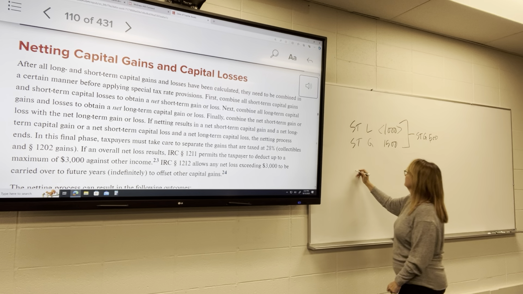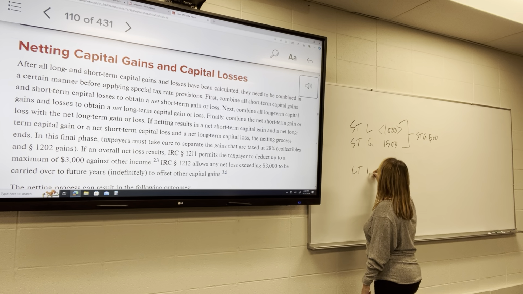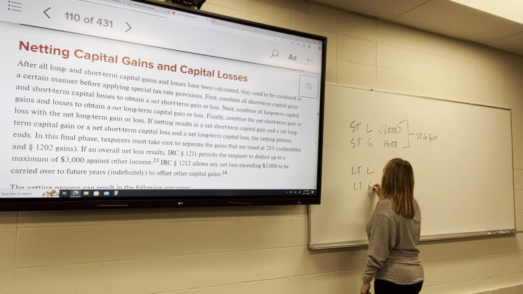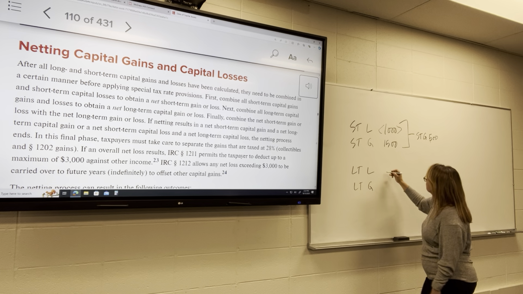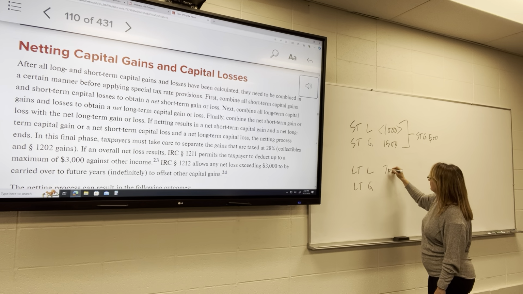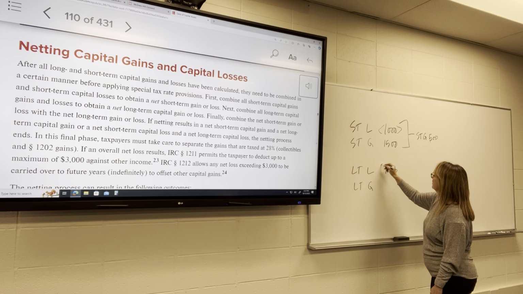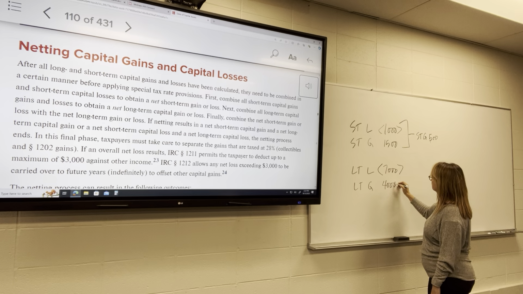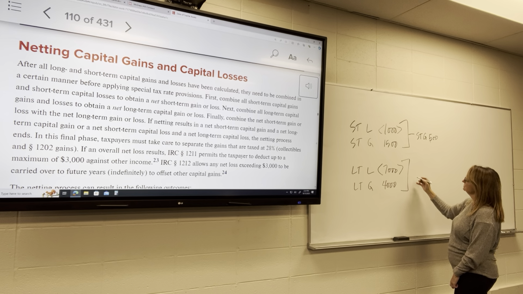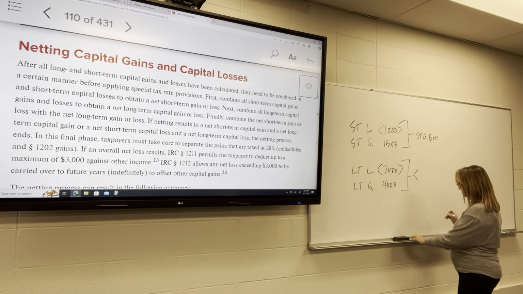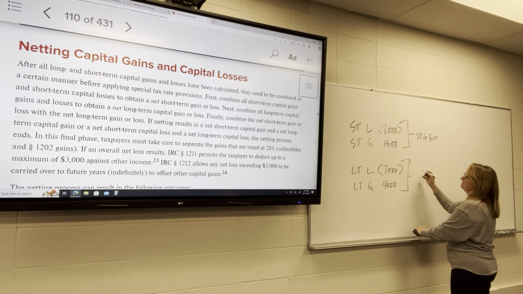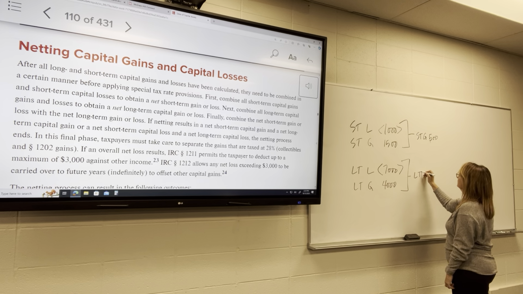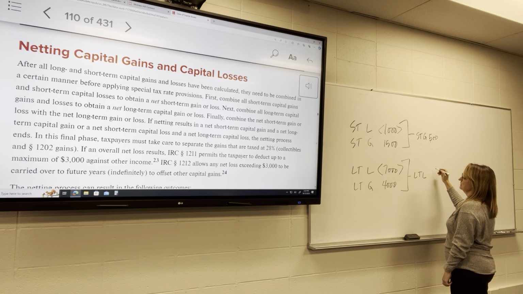And then we've got long-term losses, long-term gains. Let's just say we had 7,000 of losses and 4,000 of gains. So we're going to combine those two to get a net long-term loss of $3,000.